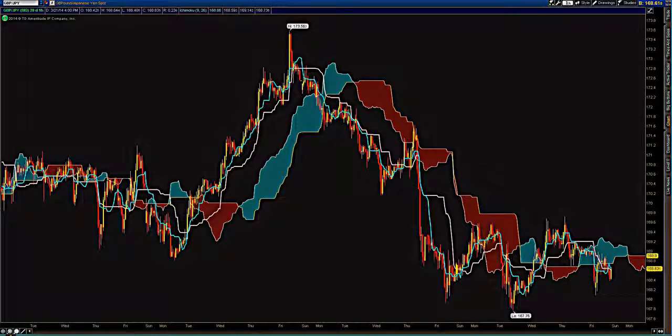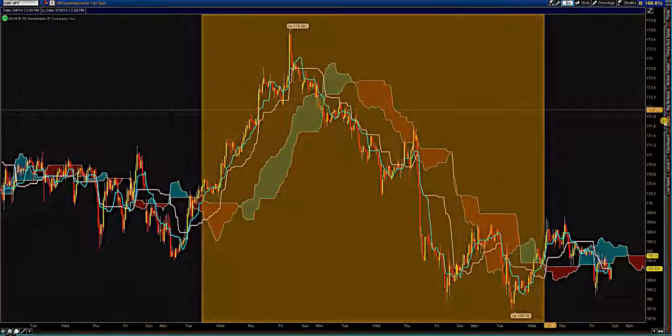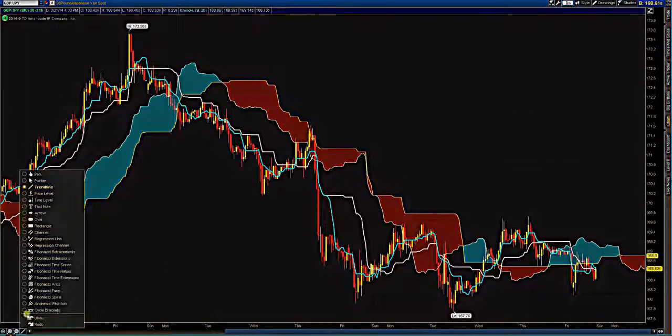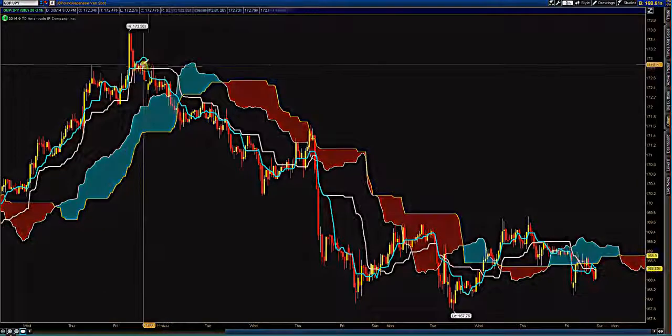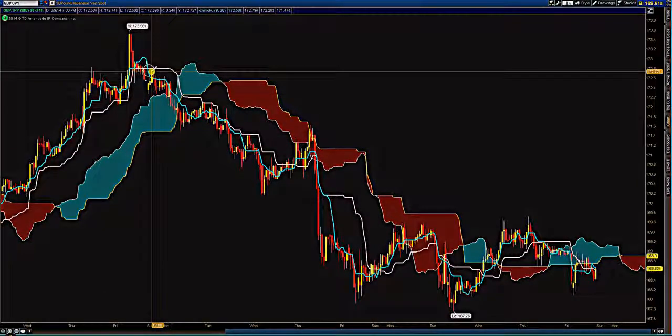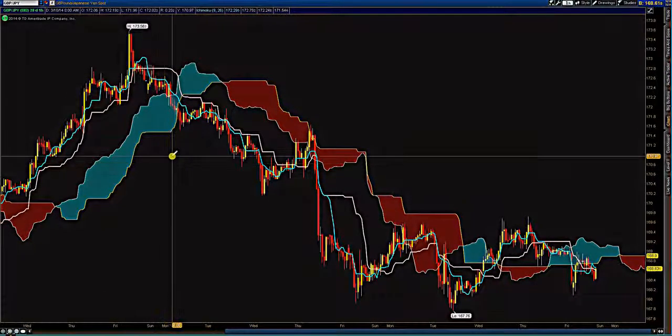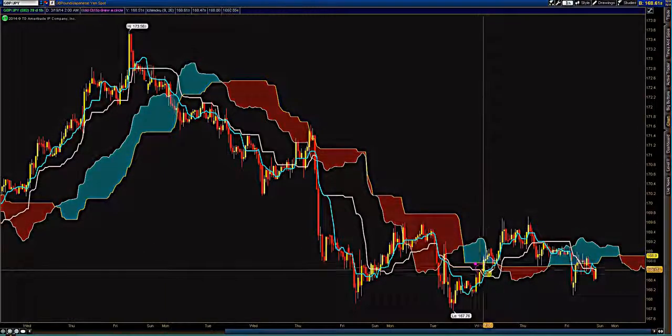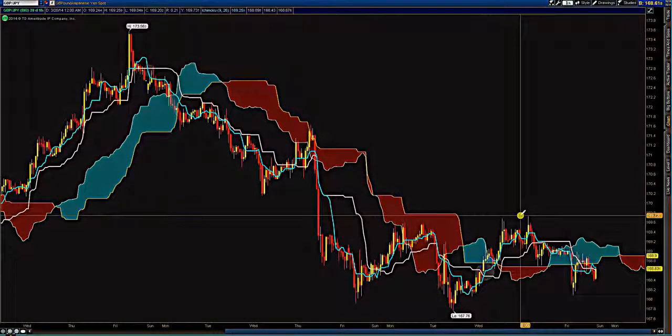If the 50 crosses above the 200, that's your golden cross, and if the 50 crosses below the 200, that's a death cross, and you should be looking for short opportunities. Similar situation here. If the Tenkan-sen crosses below the Kijun-sen, in this case right here, that's a bearish signal. If it crosses above it, like right here, that's a bullish signal.